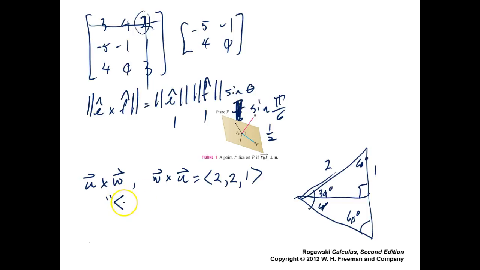Absolutely. -2, -2, -1. Okay? And let's make sure they got it right in the back. 12, what is this? 4? -2, -2, -1. Bingo.